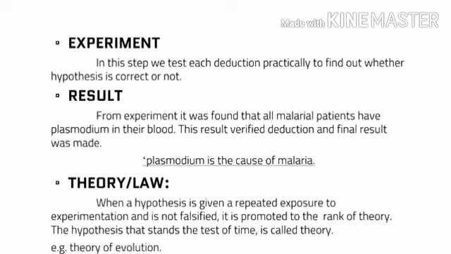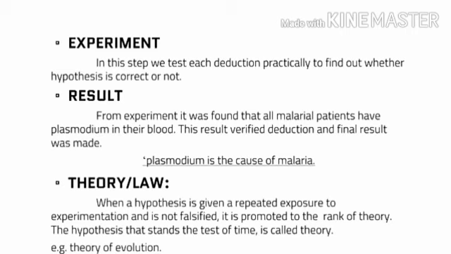Now, experiment. Experiments are conducted to test the deduction to find out whether or not the hypothesis is correct. Then result. It was proved from above experiment that malarial patients had plasmodium in their blood, whereas blood of healthy persons was free of plasmodium.